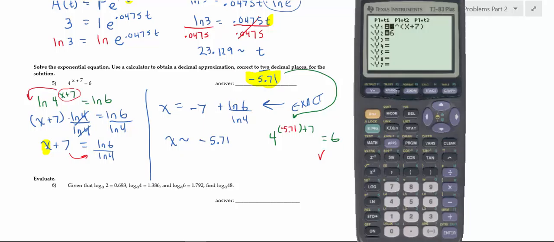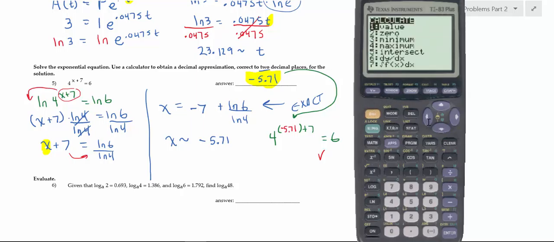What I didn't do right is that it has a left 7 transformation, so I need to change that window to negative 10 to 10. Now you'll see the exponential function coming out, and then the y equals 6. The intersection point should be that negative 5.71.